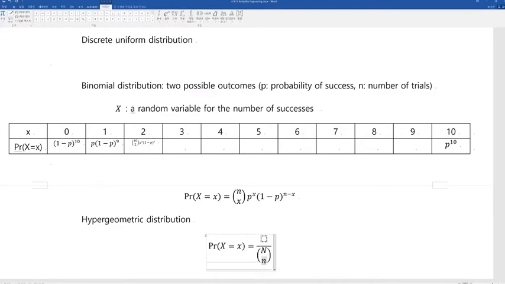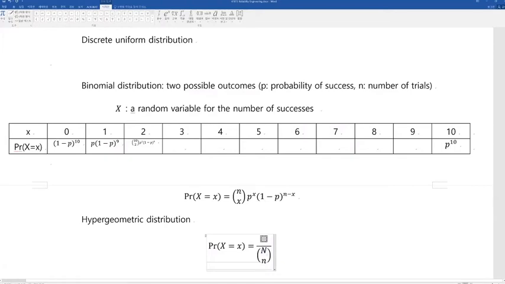So that is the total number of cases of selecting small n items out of the large capital N population. So this would be all possible cases.